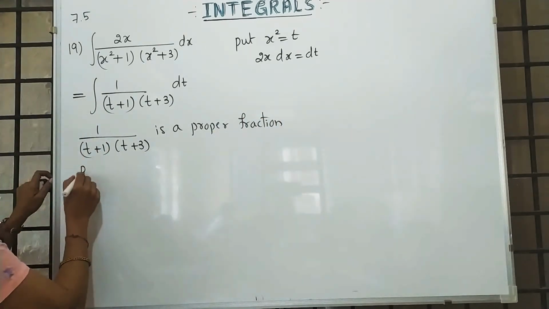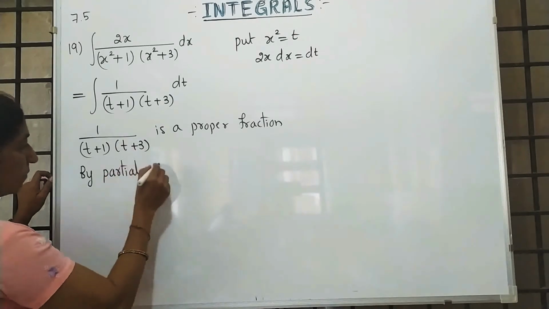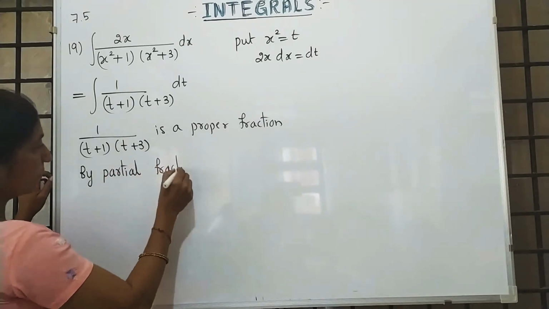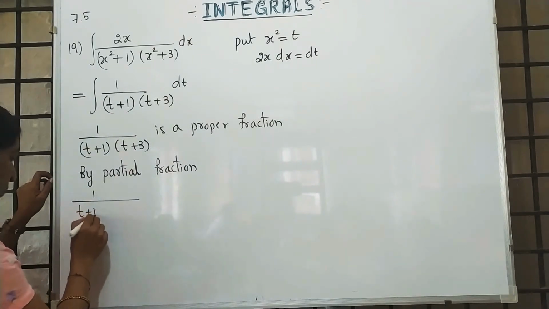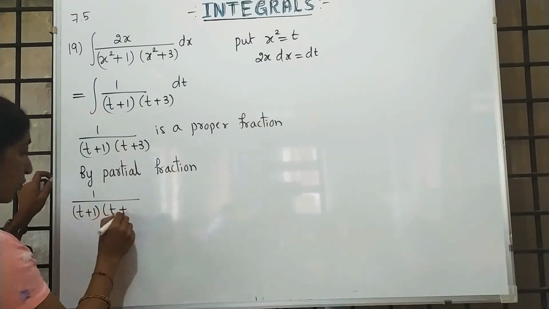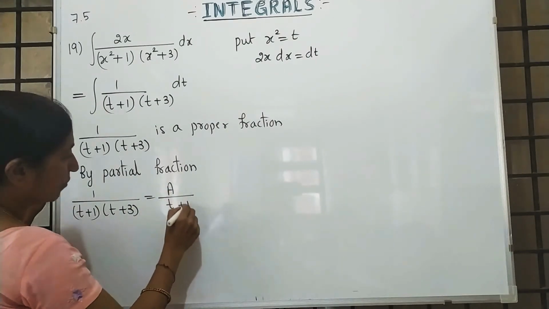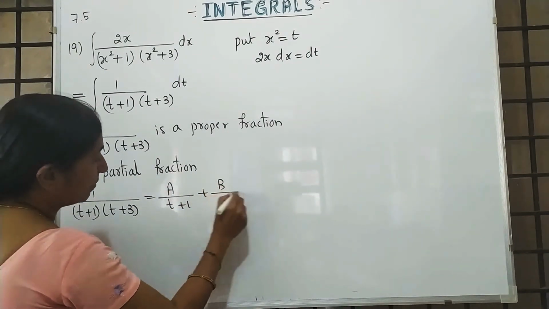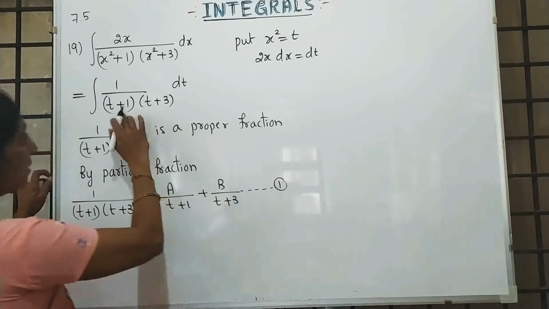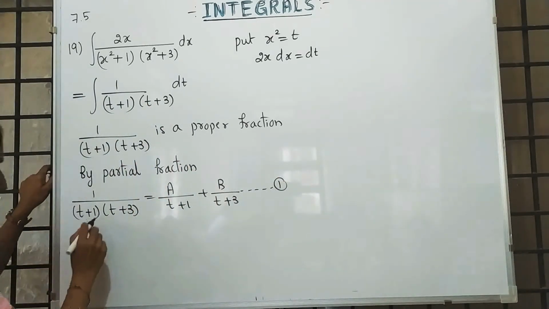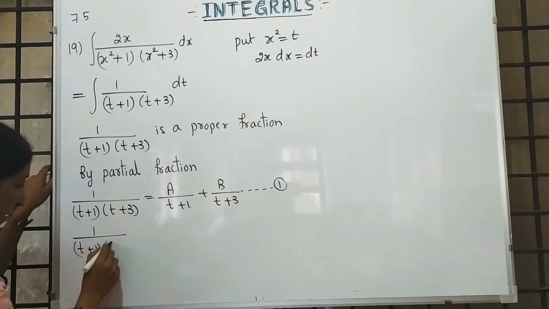Next, by partial fraction, 1/((t + 1)(t + 3)) will be written as A/(t + 1) + B/(t + 3). Otherwise, if you are thorough in the adjustment, directly you can write. Here 1/((t + 1)(t + 3)) on the left side as it is.